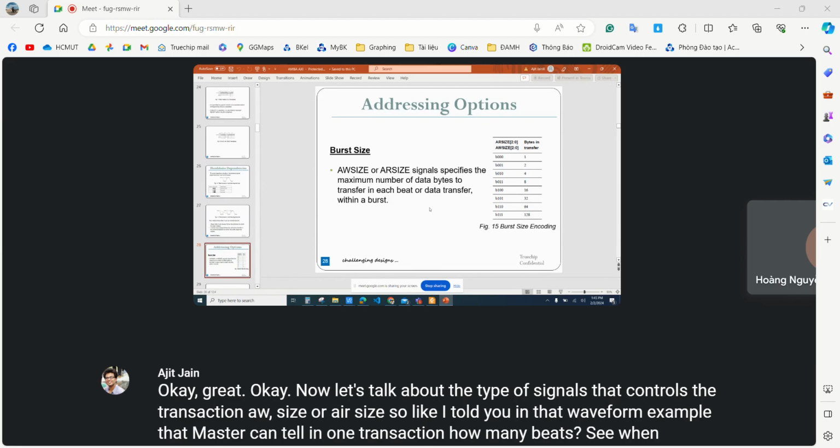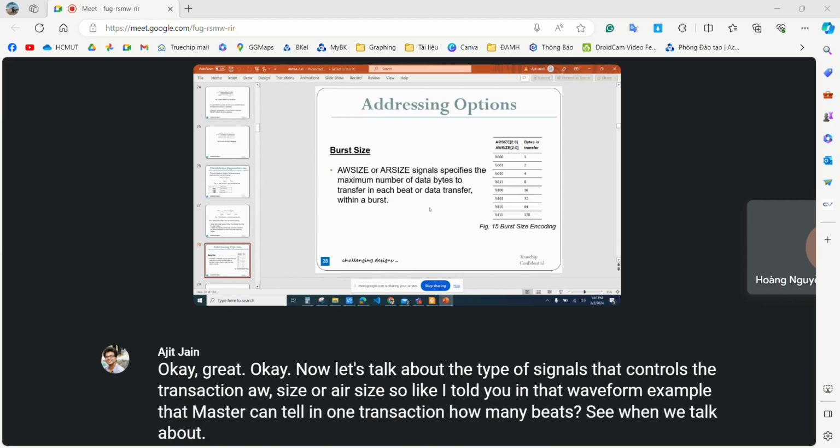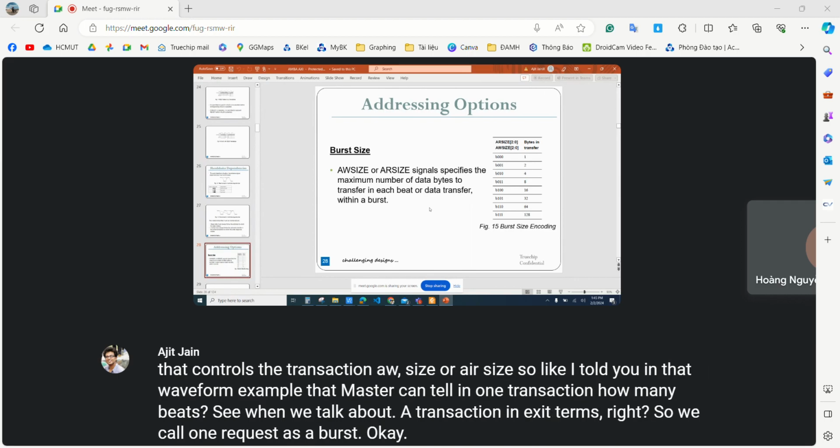When we talk about a transaction in AXI terms, we call one request a burst, and each burst has a number of beats.